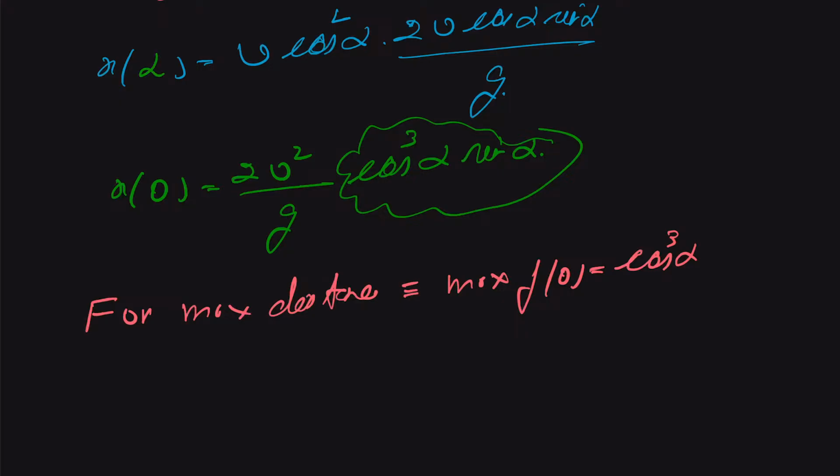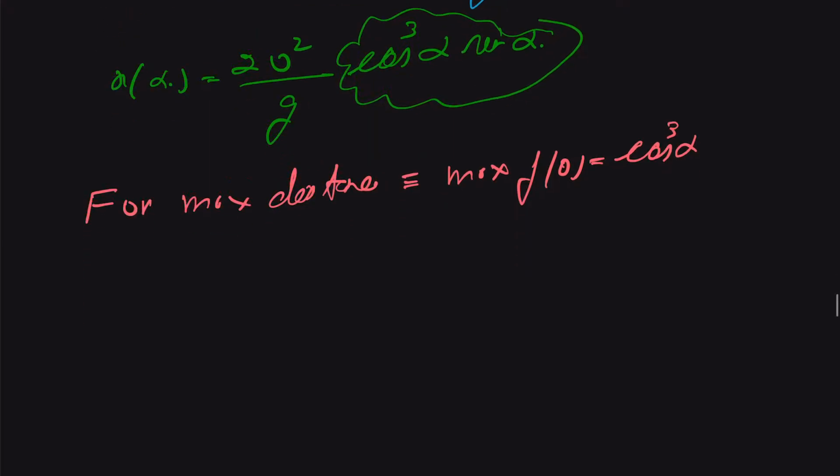So this is alpha, this is also alpha, cos cube alpha sin alpha, and we are going to simply differentiate and equate equal to 0.